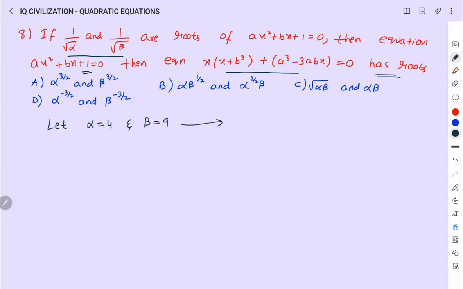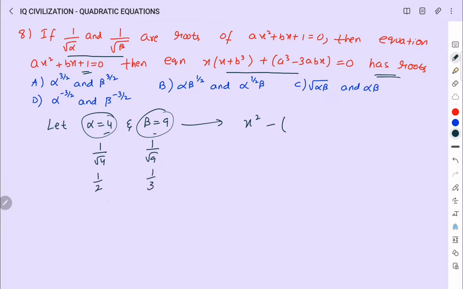According to this, x square minus (alpha plus beta) into x plus alpha beta equals 0. But here I am taking alpha, beta, right? So my roots are 1 by root alpha and 1 by root beta, that is nothing but 1 by 2, 1 by 3.